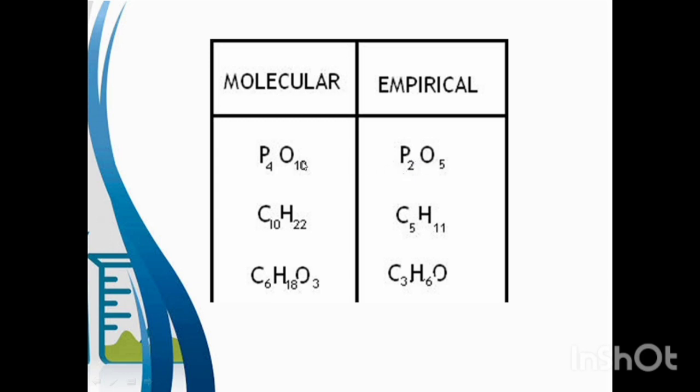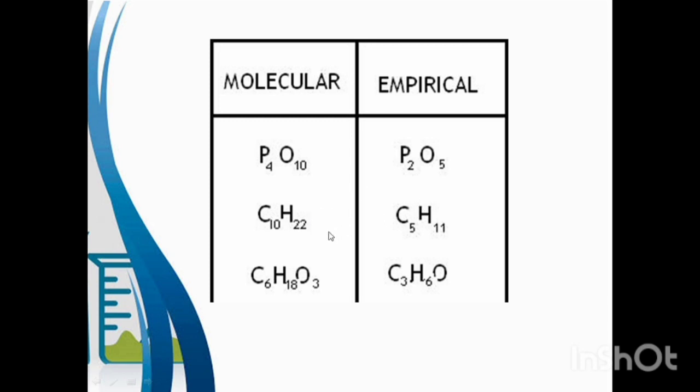It should be divided by 2. So 4 divided by 2 equals 2, and 10 divided by 2 equals 5. Next is decane, with 10 carbon. It can be divided by 2. So 10 divided by 2 equals 5, and 22 divided by 2 equals 11.